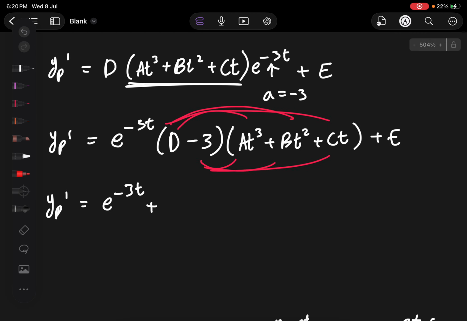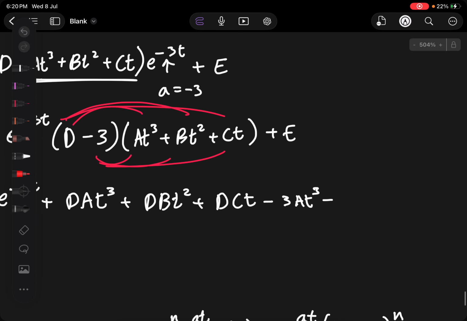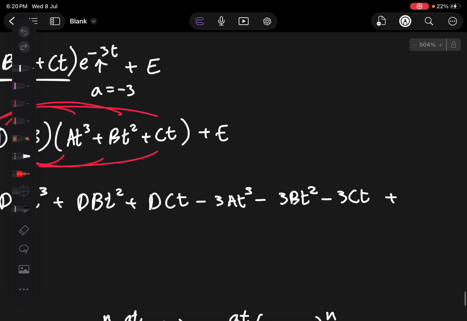So plus D at cubed plus D bt squared plus D ct, minus 3 at cubed, minus 3 bt squared, minus 3 ct, and lastly plus e.